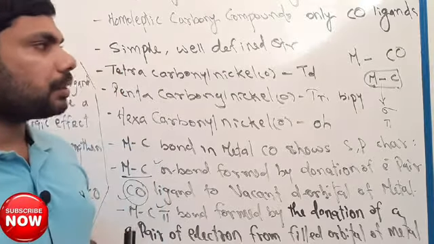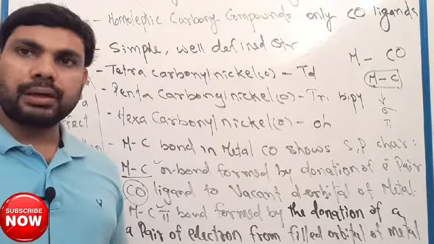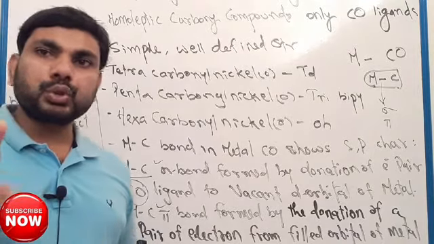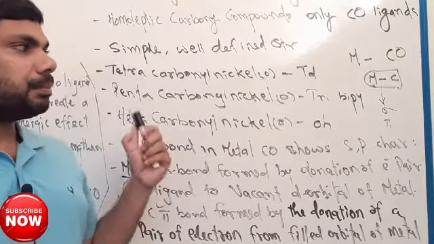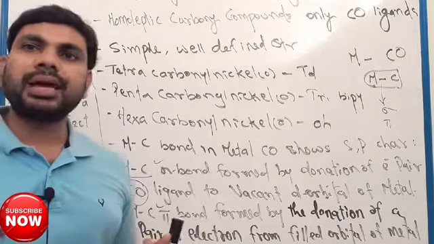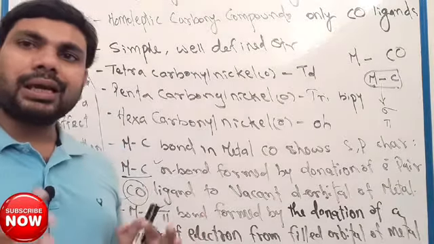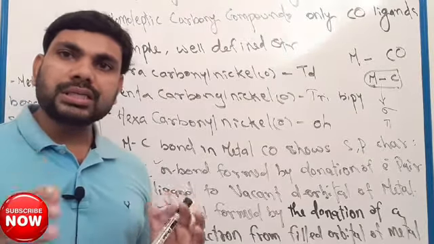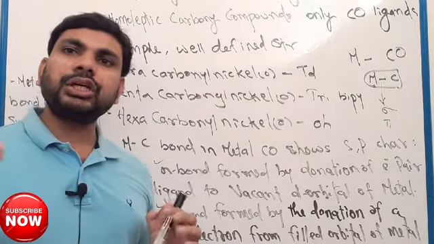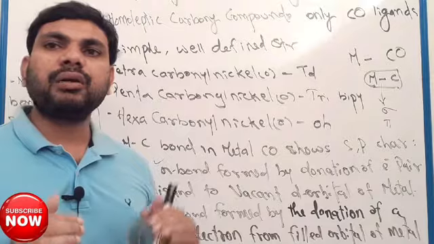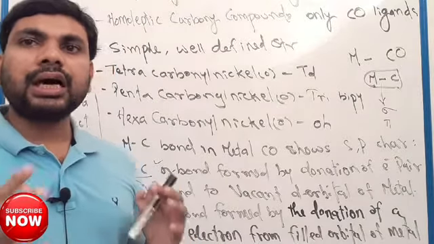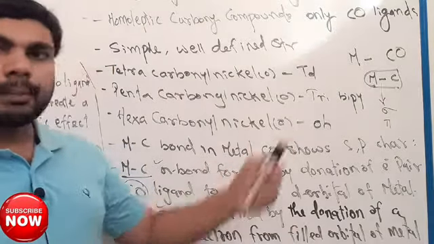In metal carbonyl, metal and carbon make a bond. There are two different types of bond between metal and carbon, sigma bond and pi bond. Here the carbonyl group contains a lone pair of electrons. This lone pair donates into a vacant orbital of the central metal atom and helps to form a sigma bond.